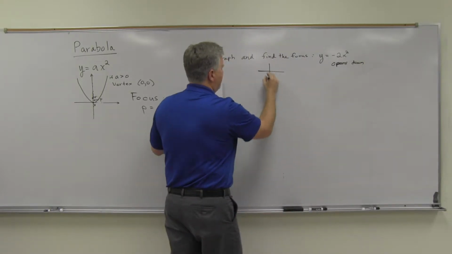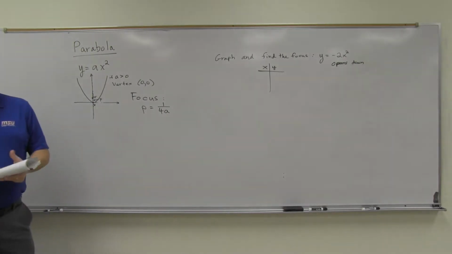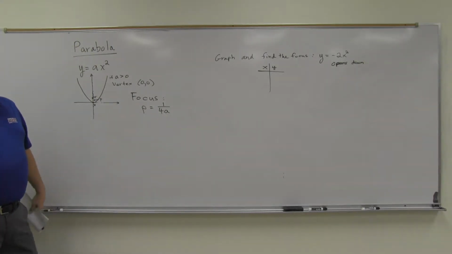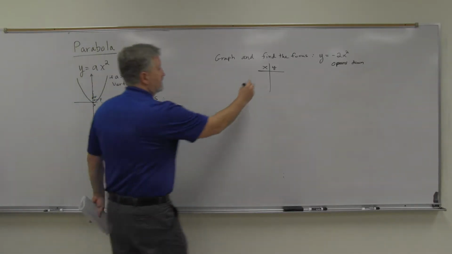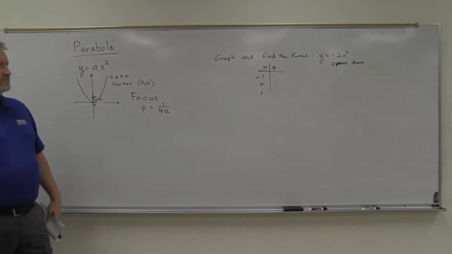And on these, I said we weren't going to use tables, but on the parabolas you kind of need a few points. Let's just do x is negative 1, 0, positive 1.